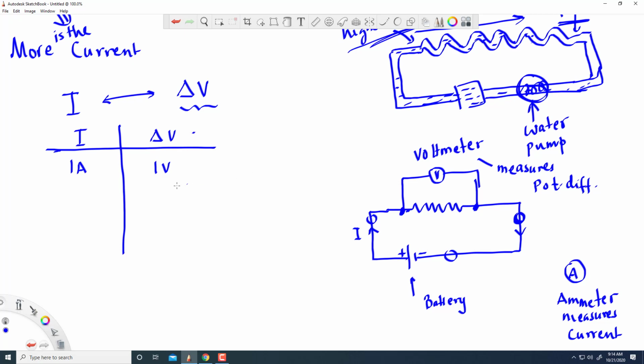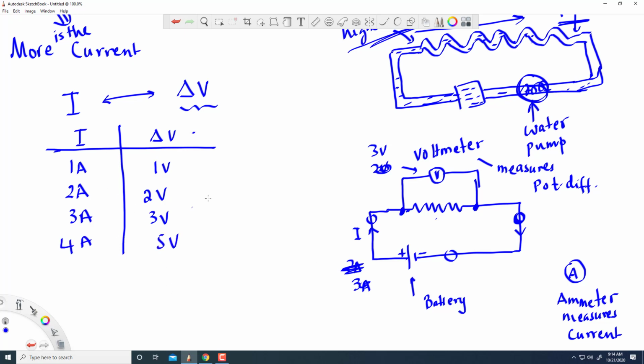If I double the current, then that will also double the potential difference here. So if I send 2 amperes now this will have 2 volts. If I triple the current, if I send 3 amperes of current, the potential difference across here now would be 3 volts. 3 amperes will produce 3 volts, 4 amperes will produce 4 volts, and so on.